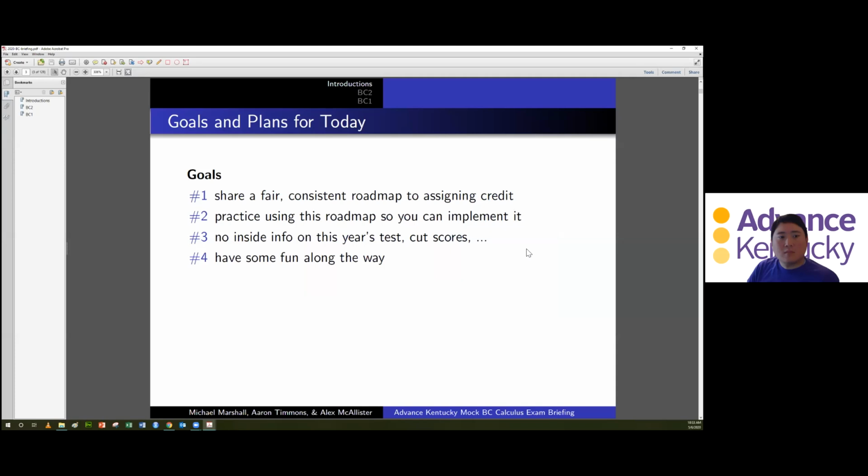We had a real focus on wanting to think about what would be helpful for students in being ready for this new test. Part of our big goals is to share the kind of fair, consistent roadmap to assigning credit.